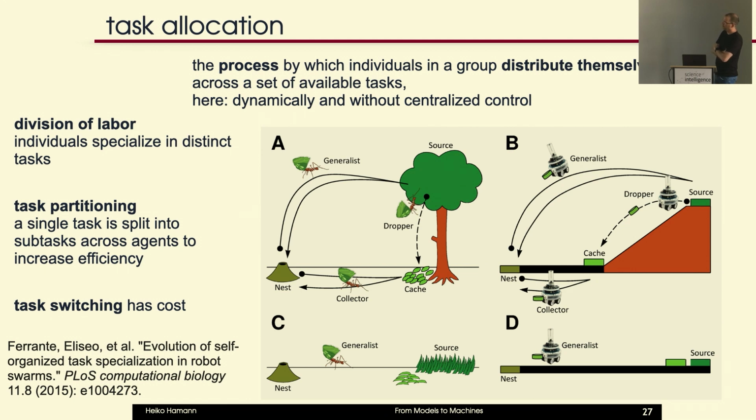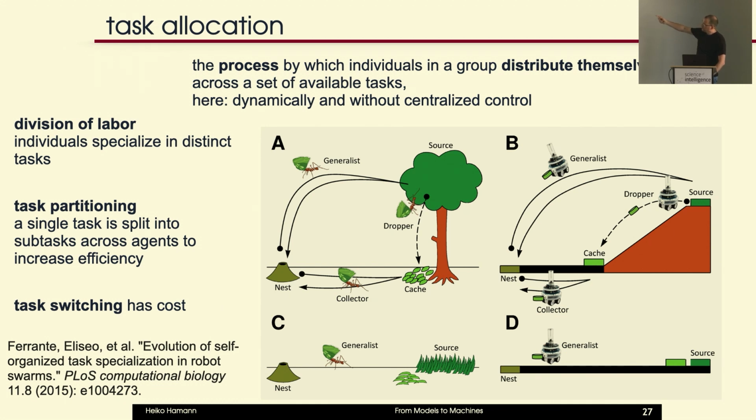And that's actually what you would see here in this example. So this is taken from a paper by Ferrante et al. And they looked into the behavior of leafcutter ants. They have to collect these leaves, I think, for this fungus that they're growing.